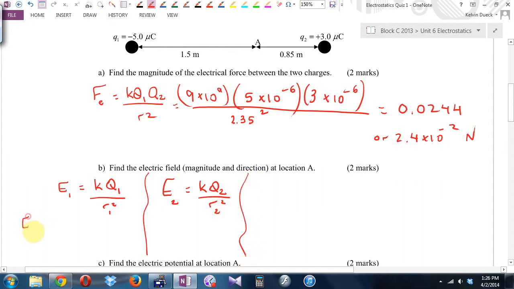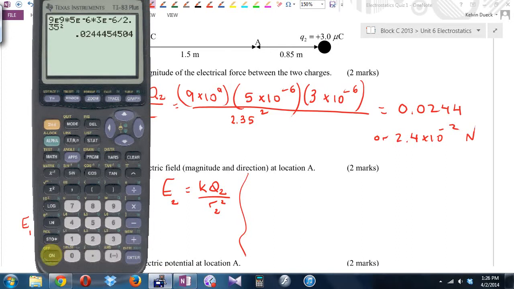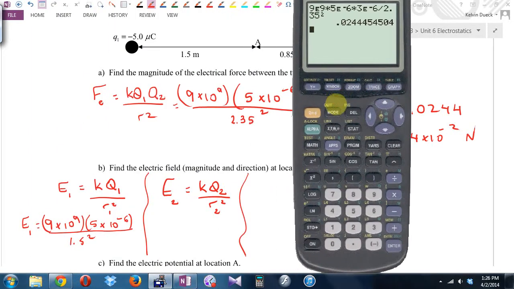The electric field from charge 1 is 9 times 10 to the 9th, 5 microcoulombs, 1.5 squared. Works out evenly, kind of nice.